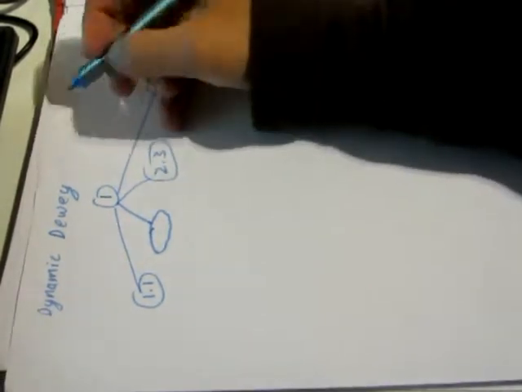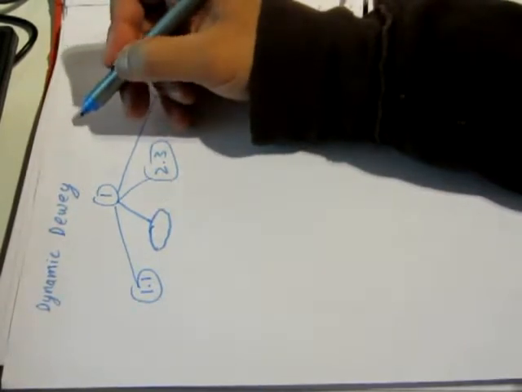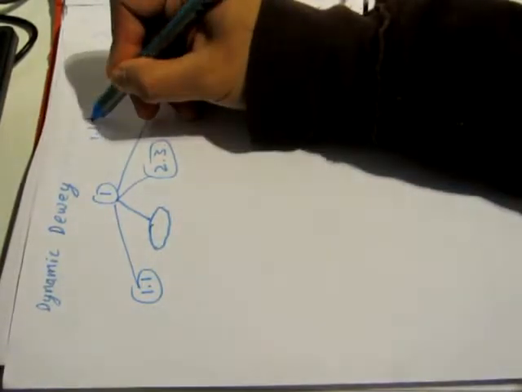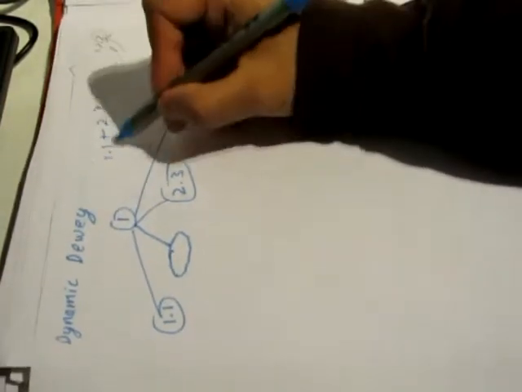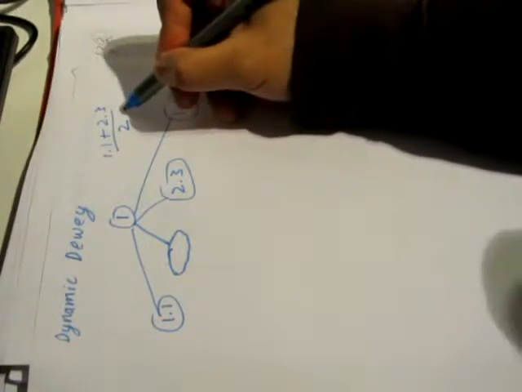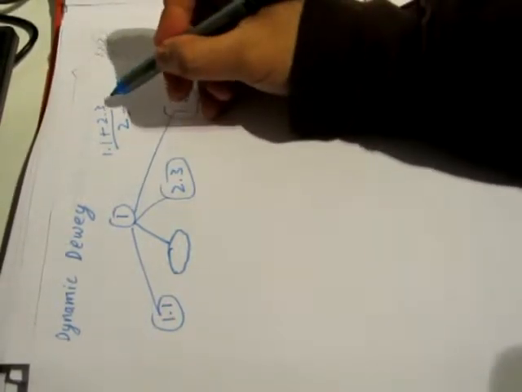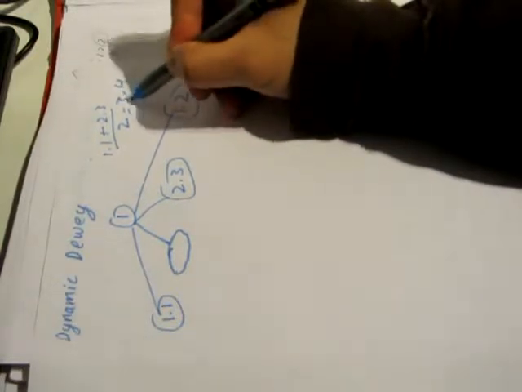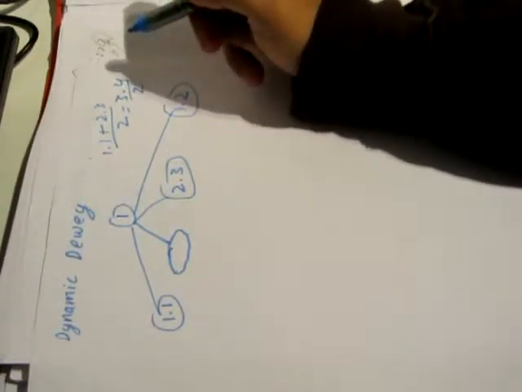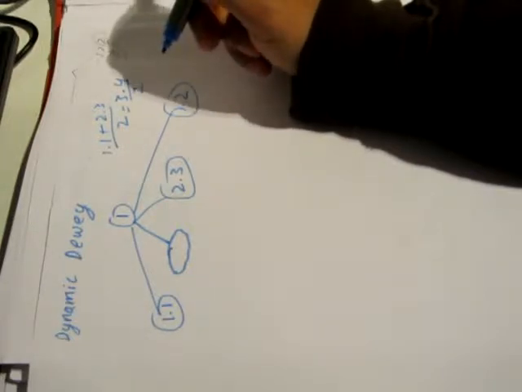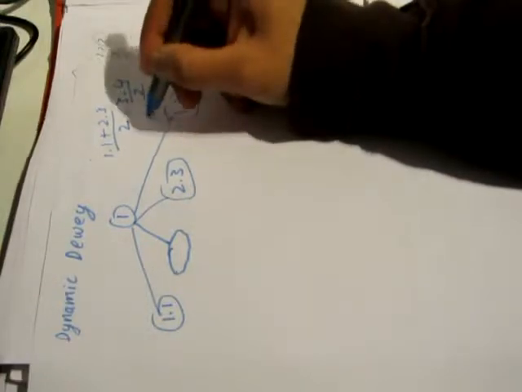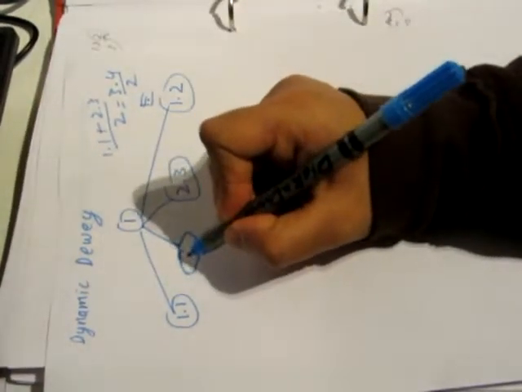So what will be the number is 1.1 plus 2.3 divided by 2 gives you 3.4.